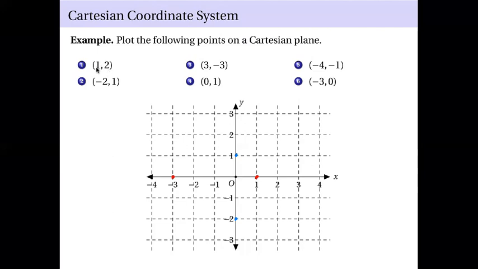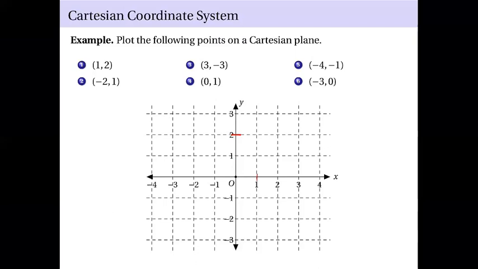We want 1 unit on the x-axis and then 2 units on the y-axis. This is the 1 unit for the x-axis, and this is the 2 units for the y-axis.